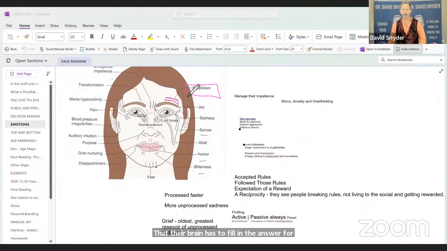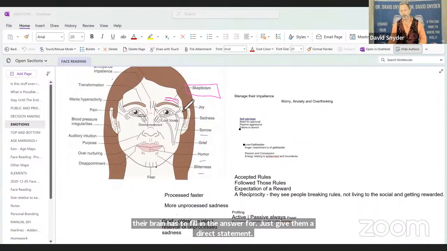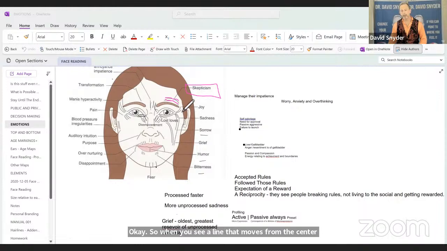Okay. So when you see a line that moves from the center outward of the eyebrow towards the lateral side of the face, you're dealing with skepticism. Now, many of you have lines that start at the outer canthus, the outer corner of the eye, and trace upward. These are joy lines.